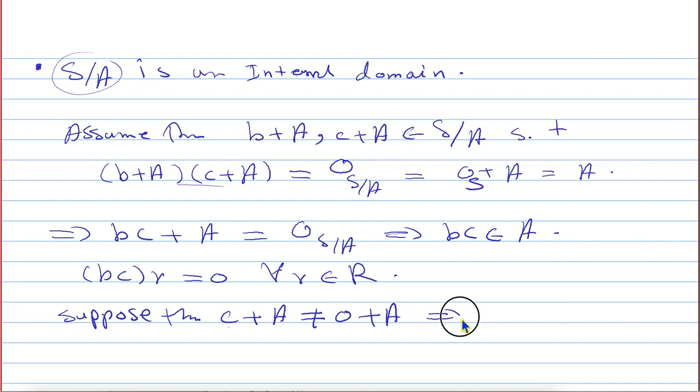And this in itself implies that C cannot be in A. And now what we are going to show is that this assumption will imply that B plus A is 0, which in turn means that S mod A is a ring with no zero divisors, because the product of any two elements equals 0 necessarily means that one of the elements must be the 0 element.